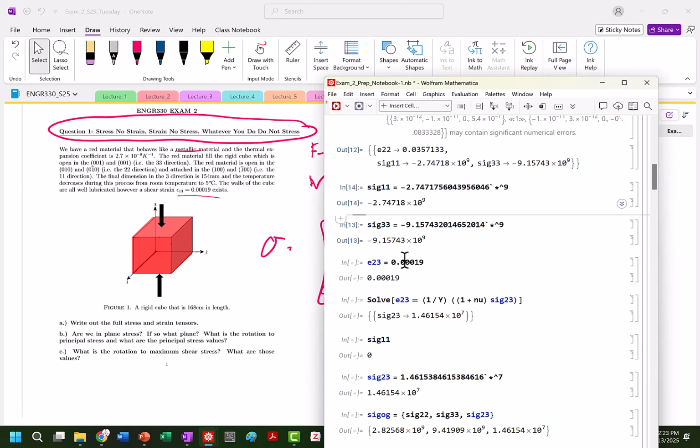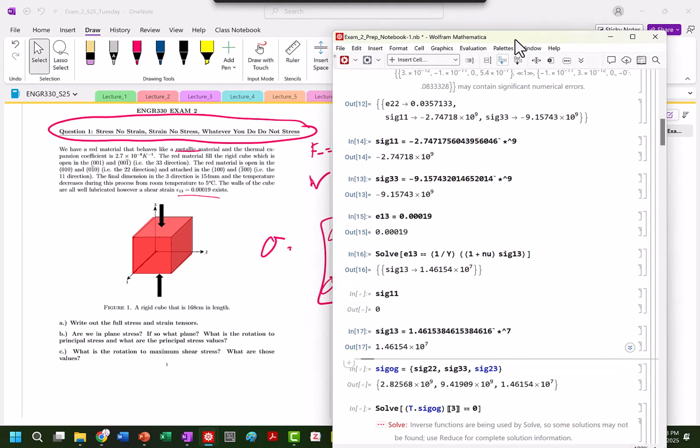Our epsilon 1,3 is equal to this. And then we also know E13, sig13. So our sig13 is equal to this. So that's our sig13. And now we are looking at sig11, sig33 and sig13.